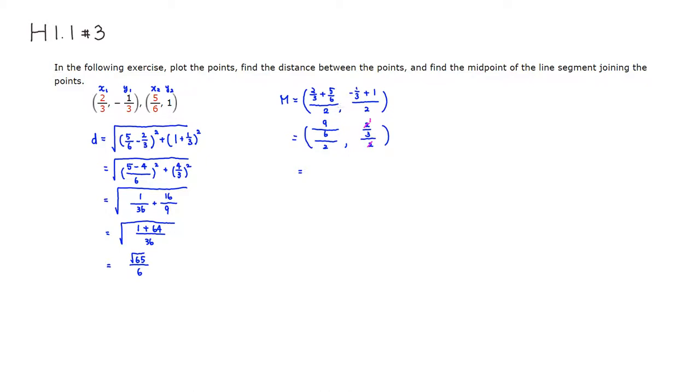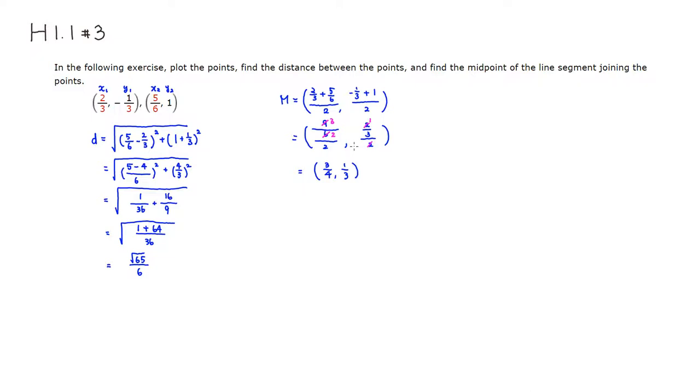Actually, before we do that, this is a multiple of 3, so divide by 3 and you get 3, and 6 divided by 3 is 2. So 3/2 divided by 2 is 3/4. Then you have 1/3.